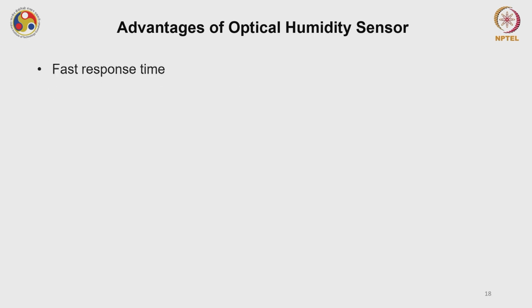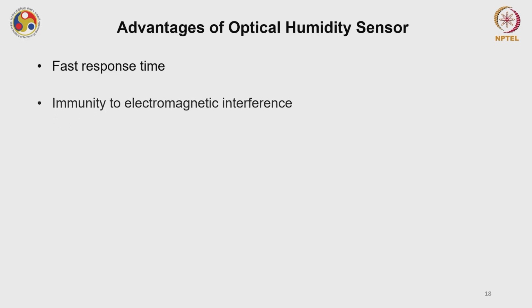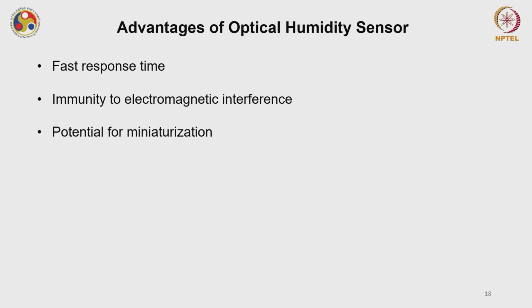Now let us see some advantages of optical humidity sensors. These sensors mostly have a very fast response, because this has to do with photons. They have immunity to electromagnetic interference. Because of the available lenses and other components, they can be miniaturized also.